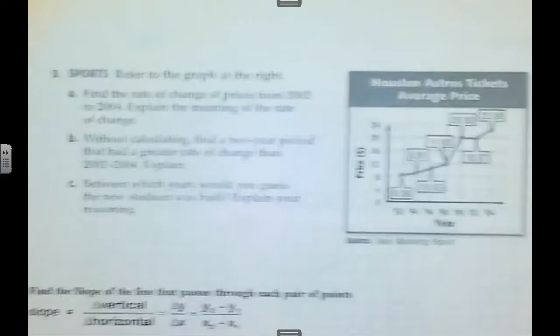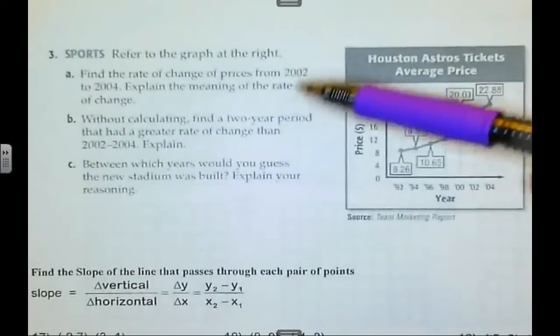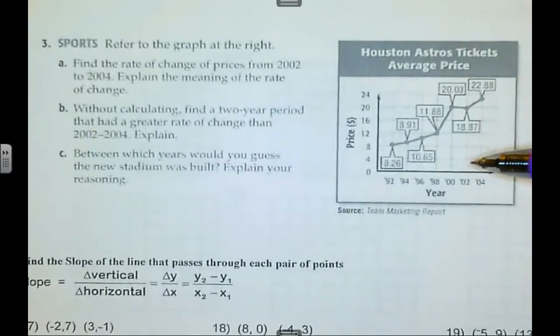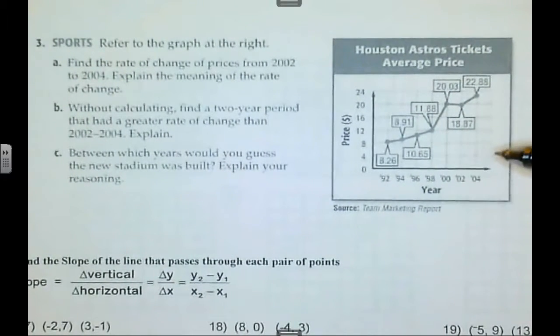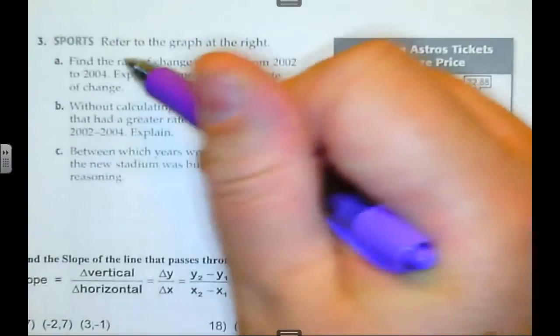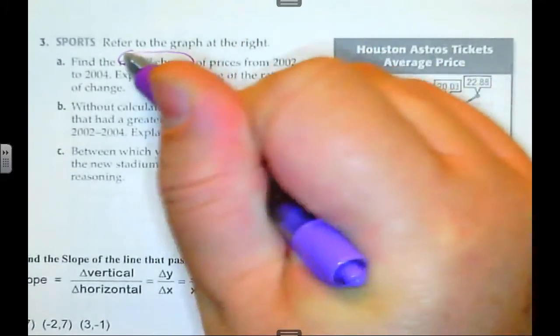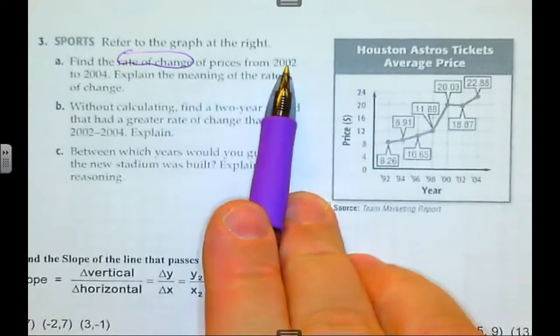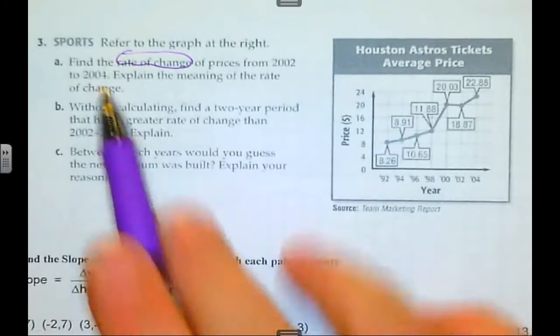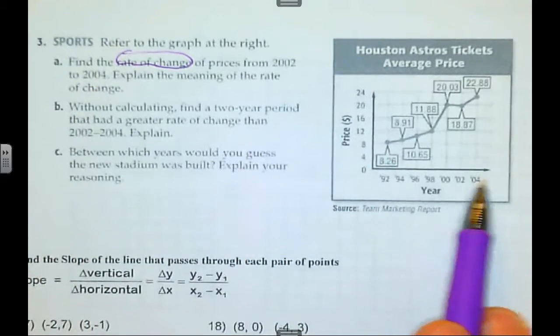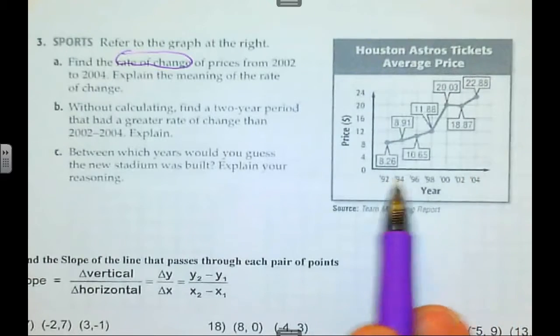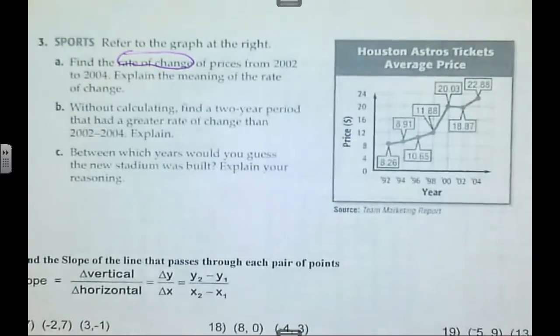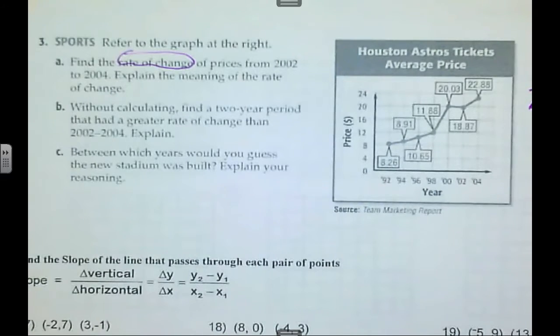Okay, number 3. Refer to the graph at right. This is, again, the rate of change. It's 0.56. And they want it from 2002 to 2004. And actually, that's my x value, right? Okay, so remember, it's change of y over the change of x.